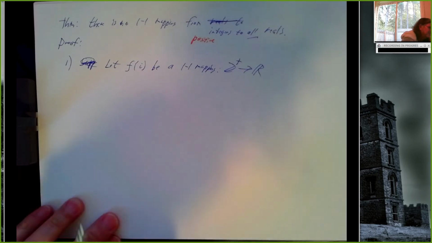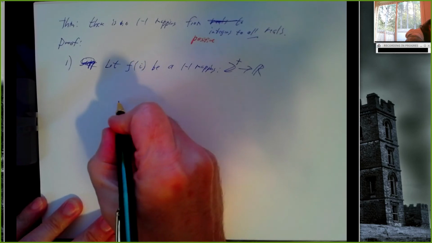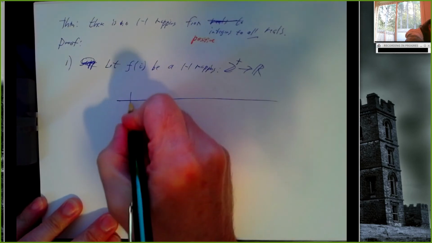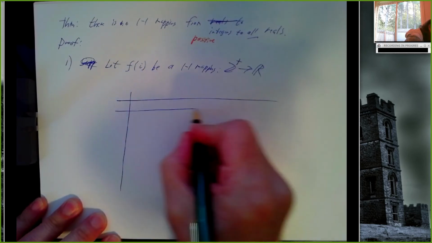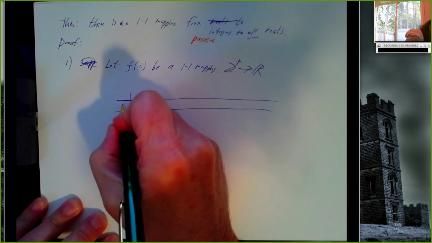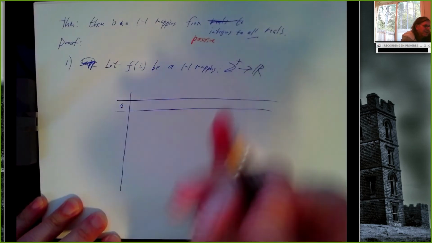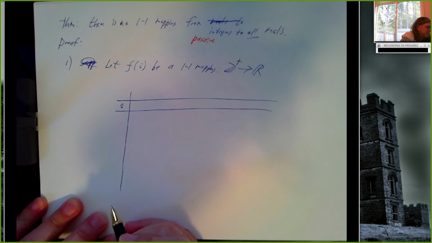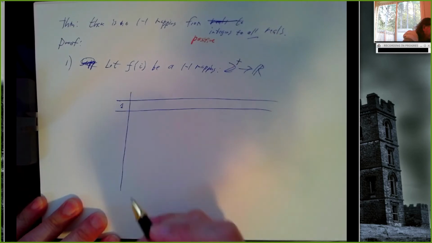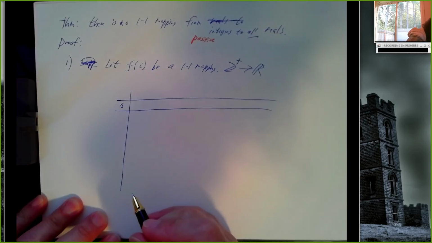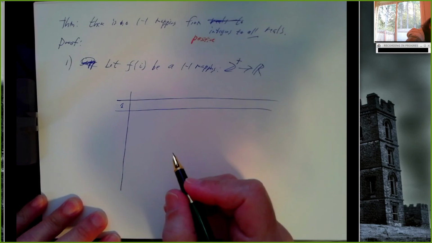So we're going to make a table. And here's what our table is going to look like. In row 1, we're going to write down the real number corresponding to f of 1. And this is going to be some number, and let me make it even more simple.